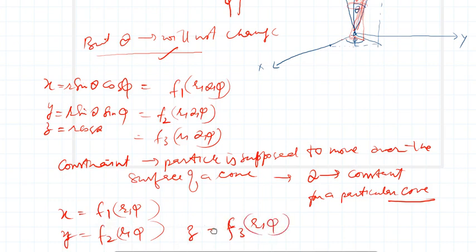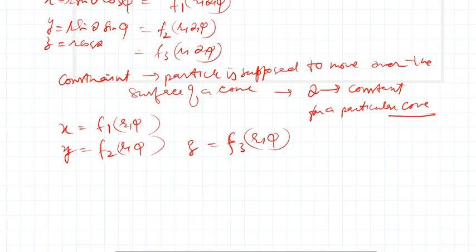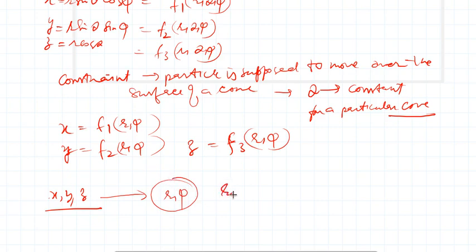So that means my problem of three coordinates, x, y, z, can be reduced into a new problem where only r and phi are needed. So r and phi are the generalized coordinates when the body is supposed to move over the surface of a cone. So this is the impact of the constraint.